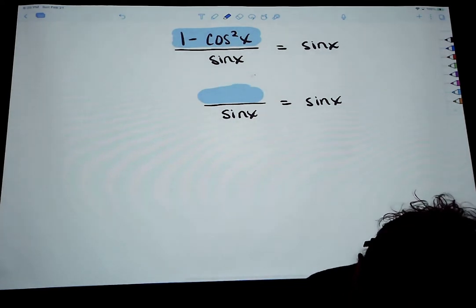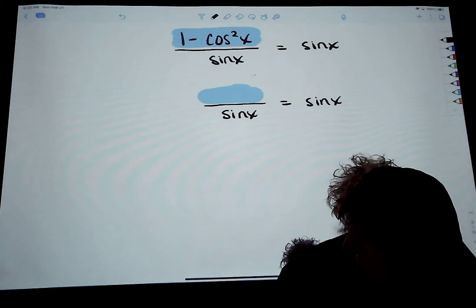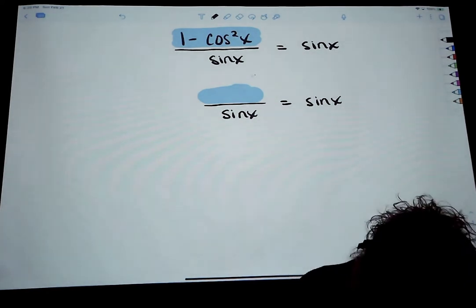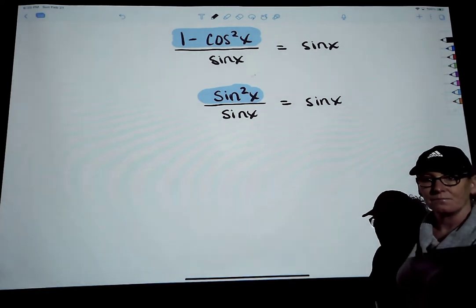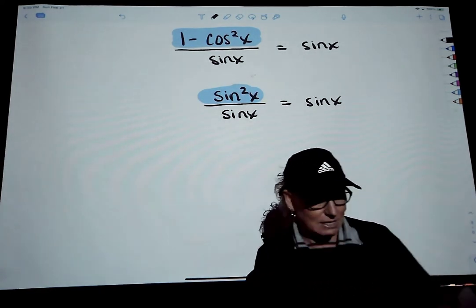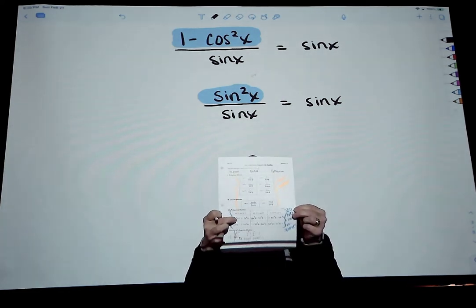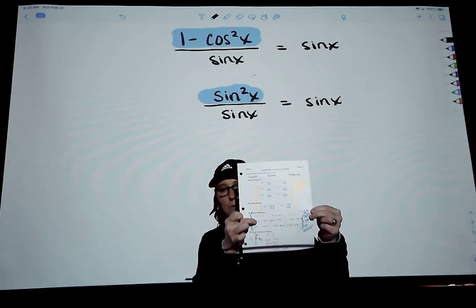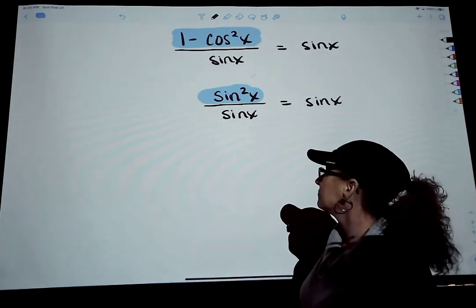Did you find what you could put in there? You should have found that 1 minus cosine squared is sine squared. It's your Pythagorean identity. It was down here, left column, middle row. Okay, we're pretty much there.